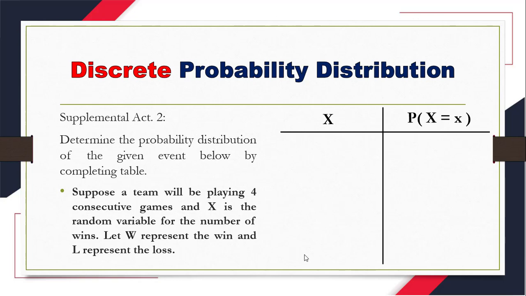Suppose a team will be playing 4 consecutive games, and X is the random variable for the number of wins. Let W represent a win and L represent a loss. You only need to complete this table the way we have done it in the process in our previous slides.